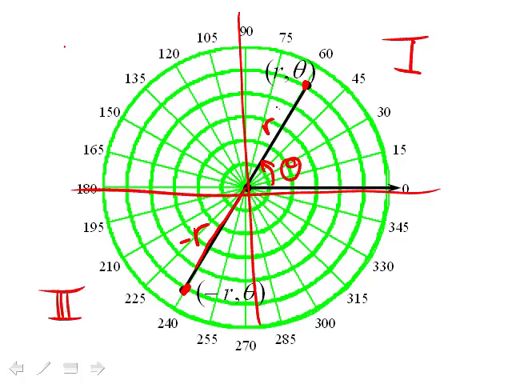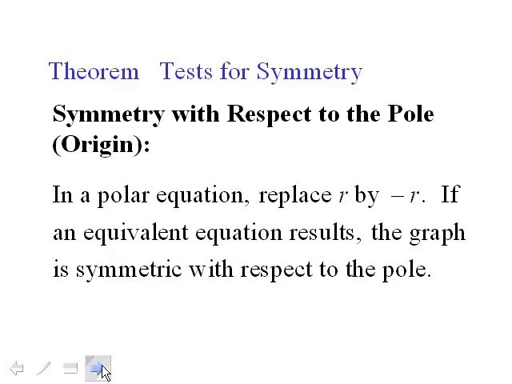If you use r or you use minus r, and either way you get a point on the graph of the polar function, then the polar function has symmetry with respect to the pole. Symmetry with respect to the pole is the symmetry with respect to the origin as we described it in Cartesian coordinates. As a check, see what happens if you replace r by minus r. If you get an equivalent equation out, then you've got symmetry with respect to the pole.